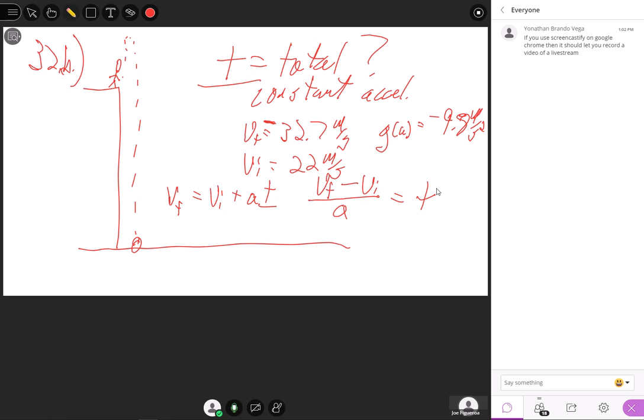Now solve for t. Well, you're going to get a negative t? No, I'm not. So plug it in. Final was negative 32.7 meters per second minus, see how it just takes care of everything, 22 meters per second, divided by negative 9.8 meters per second squared.